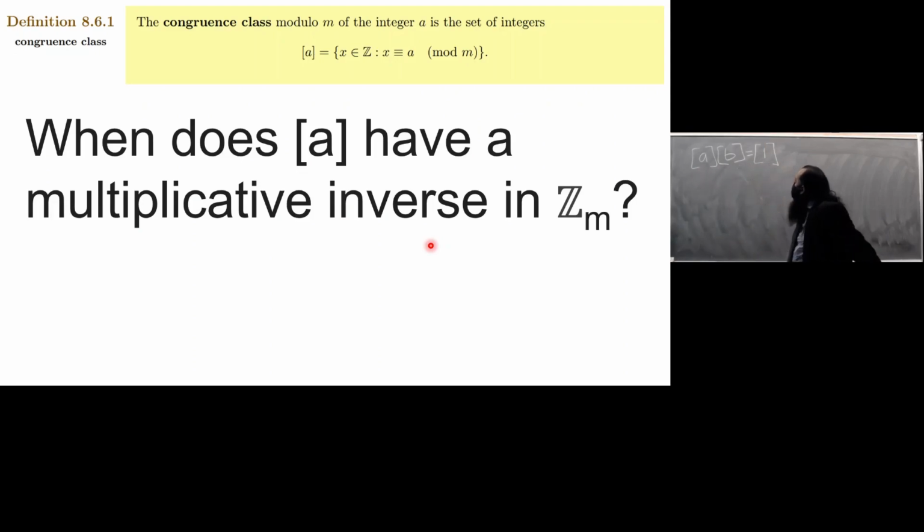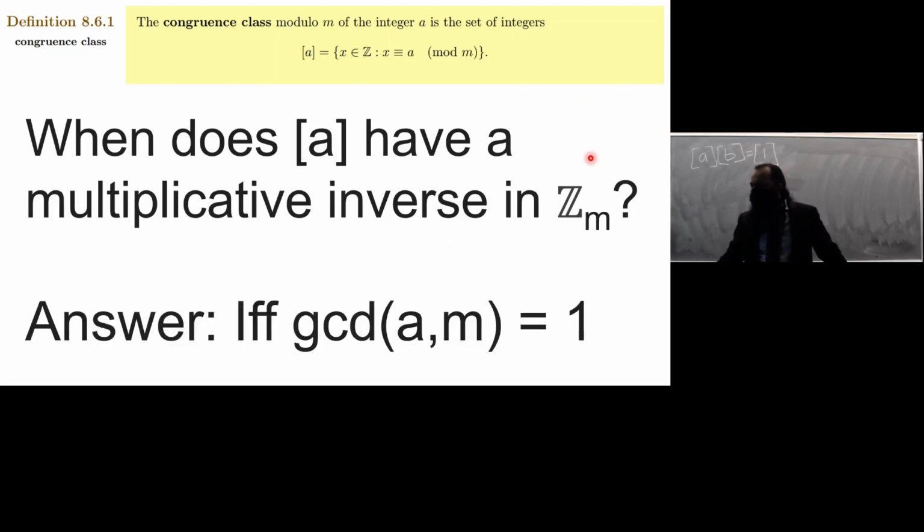Okay, A times B equals 1, right? And then what did you do? You said 1 plus 1 times n plus A times x equals B. Is that what you did? No, I'm just saying that we have a multiplicative inverse if there is a congruence class B such that that's true in the module.